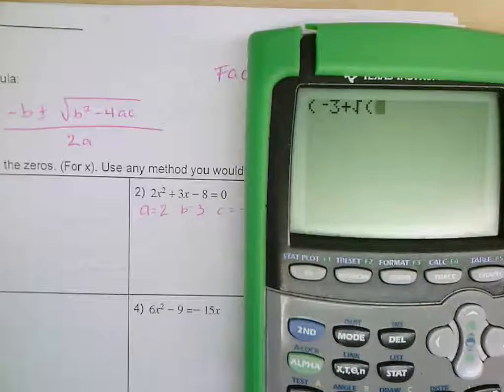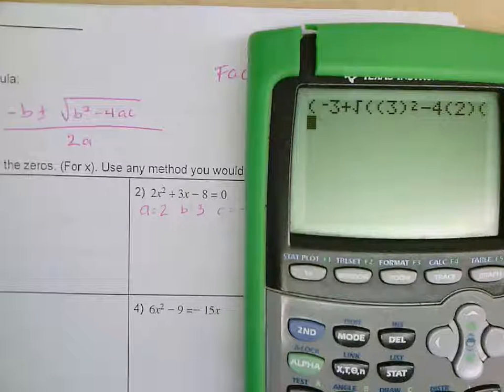B squared, if it's negative, needs to be in parentheses. Just so that I don't forget that, I'm going to put it in parentheses every time. So my b term was 3, and I'm going to square it. And now I'm subtracting 4 times, in parentheses a, which is 2, times, in parentheses c, which is negative 8, close the parentheses.